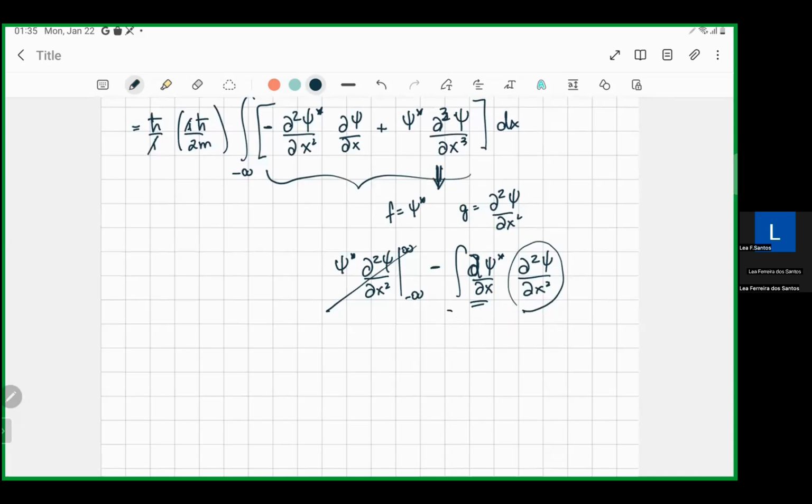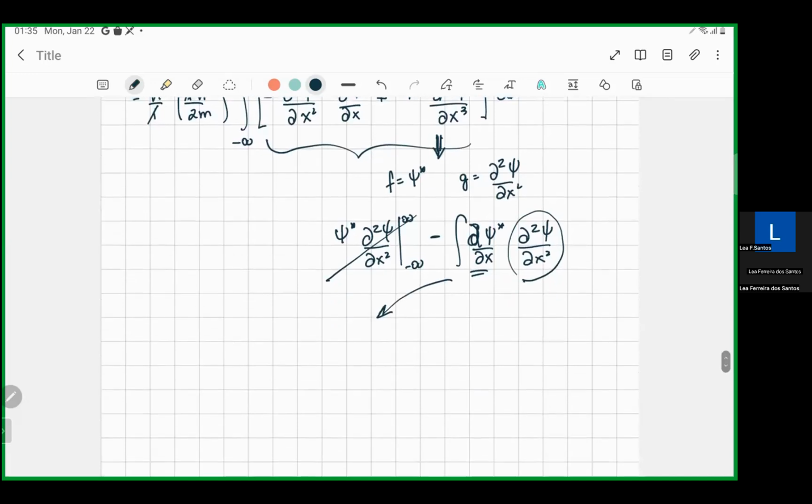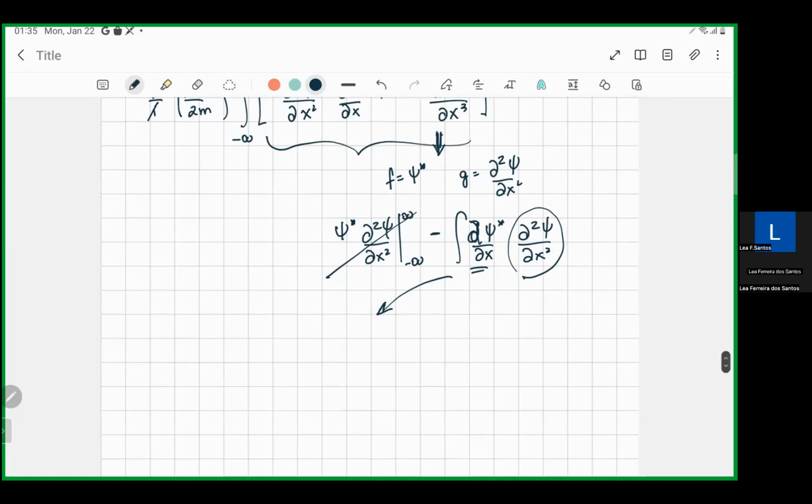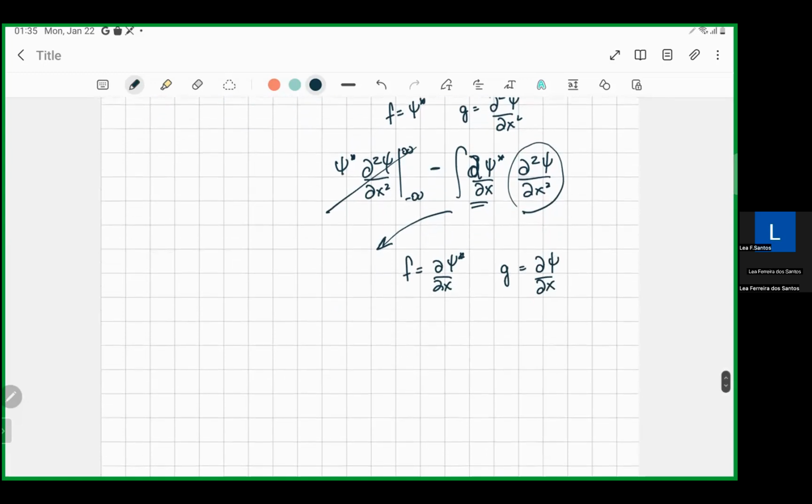Well, what are we going to do with this one? Again, we are going to do things by part. And what is going to be the f now? That derivative, who is playing the role of the f is this derivative, and who is playing the role of our g now is that first derivative. Okay, so let's go again by parts. Don't forget that there is a minus sign here. Okay, careful.